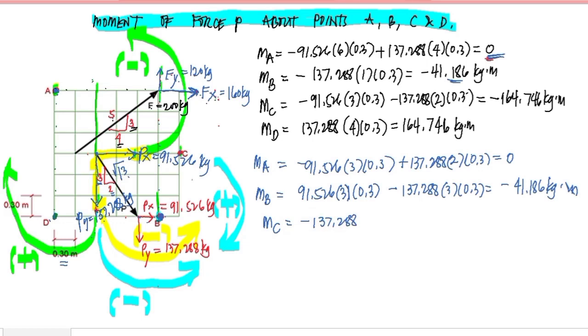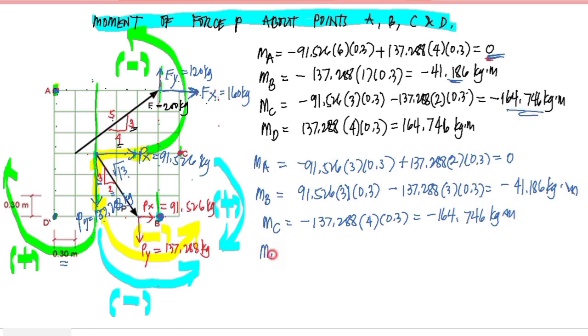Since this is the line of action of Py, this is the perpendicular distance, and it's 1, 2, 3, 4, so 4 blocks. So we have 4 times 0.3. Computing for this, we have negative 164.746 kilogram meter. And this is just the same as our previous answer.